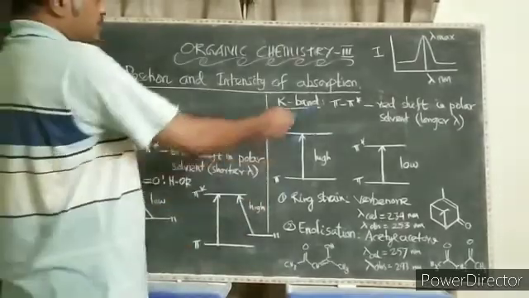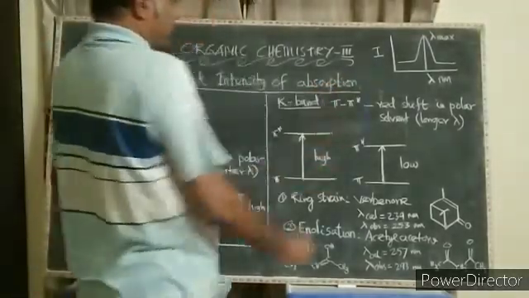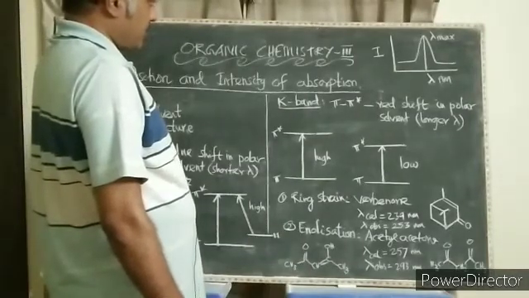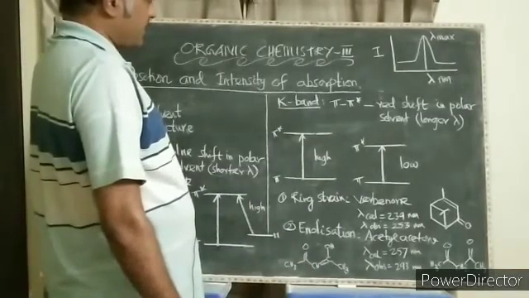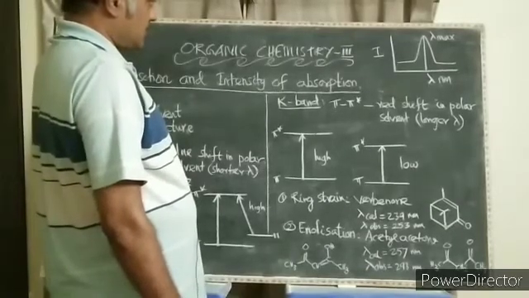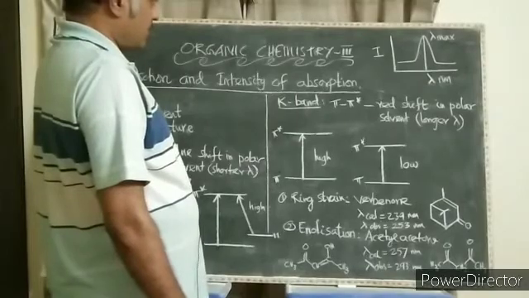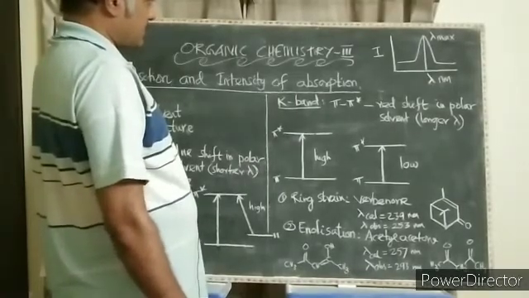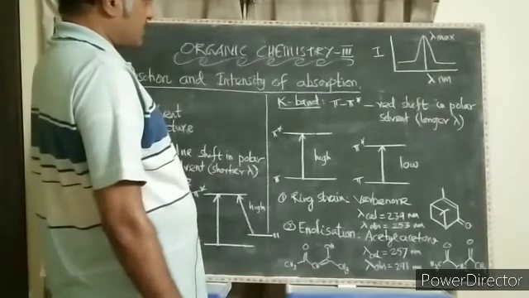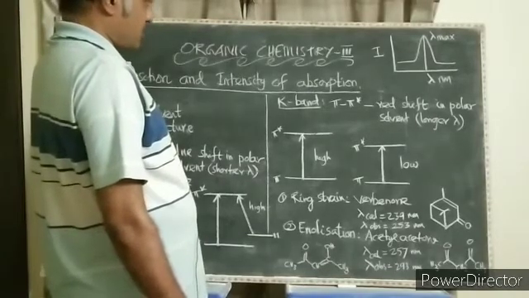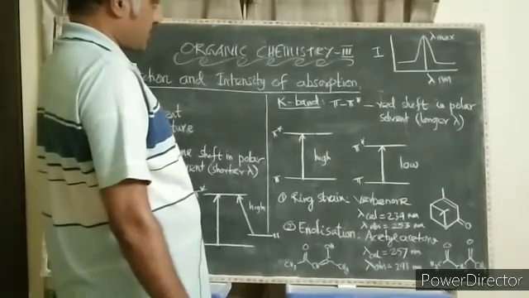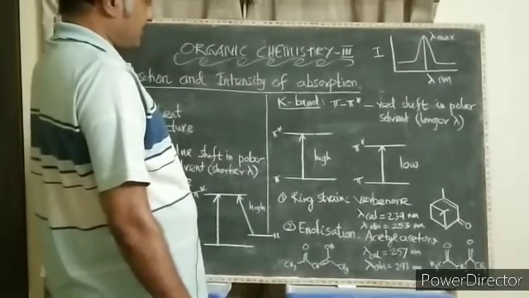The epsilon value usually yields information about the intensity of the absorption. The intensity is above 10,000 in the case of an allowed transition, or less than 1000 in the case of a forbidden transition. So, there are strong absorptions and weak absorptions, and it is shown by the intensity.